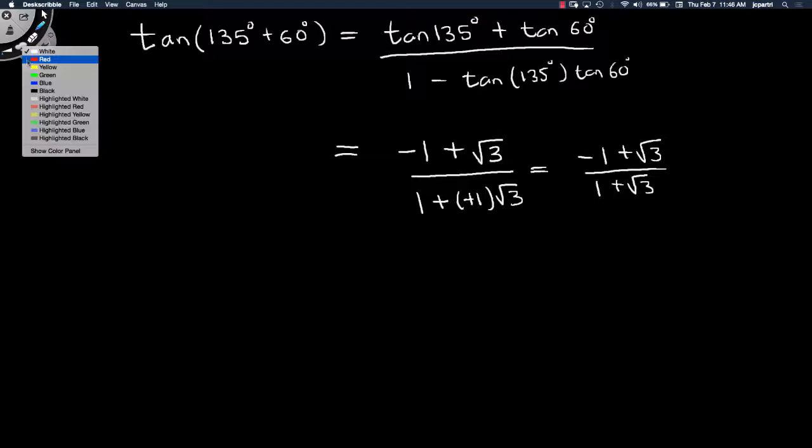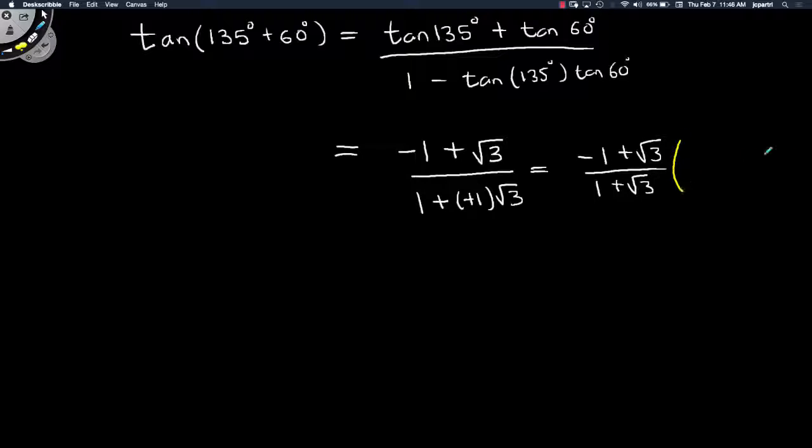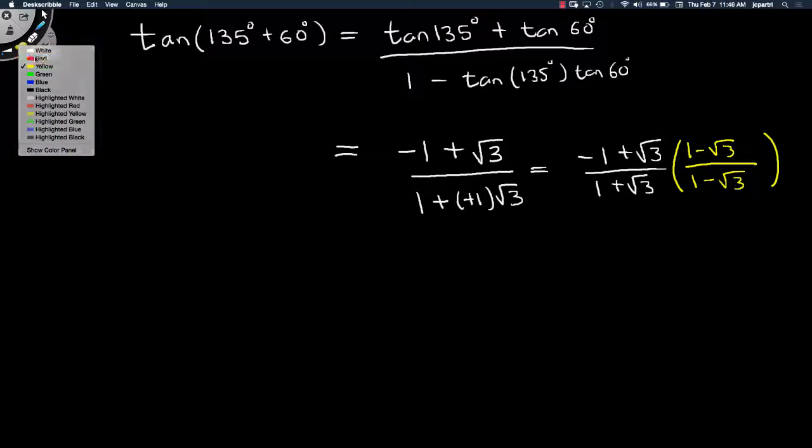And now it's time for the conjugate. This was a minus negative 1, and so 1 times the square root of 3 is the square root of 3. So 1 plus the square root of 3 over 1 minus the square root of 3, and 1 plus the square root of 3 is the conjugate.